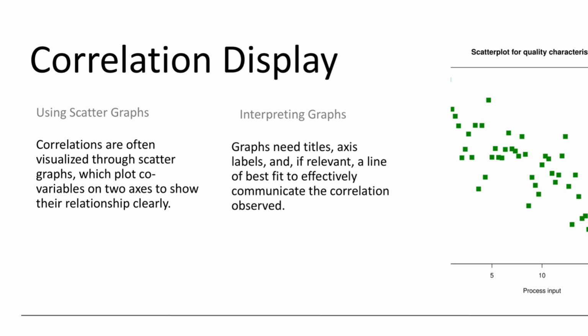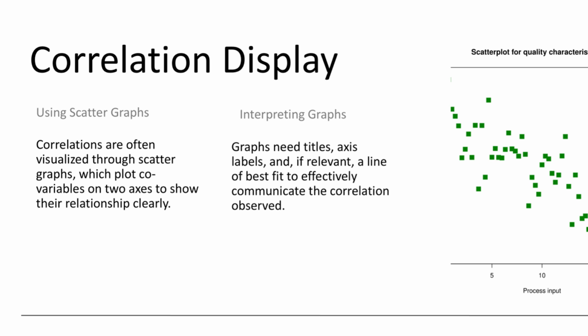It's really important when you're drawing a graph that you make sure it has a title, that your X and Y axes are properly labeled, and if appropriate, there's a line of best fit. Just to give you an idea, if there was a perfect positive correlation, then your line of best fit would be a perfect 45-degree angle.